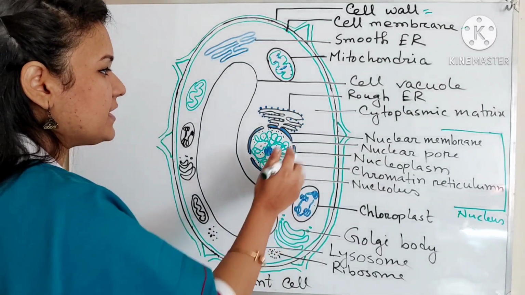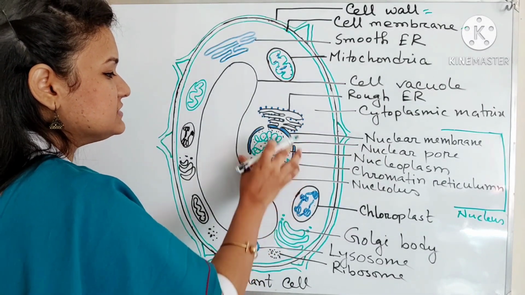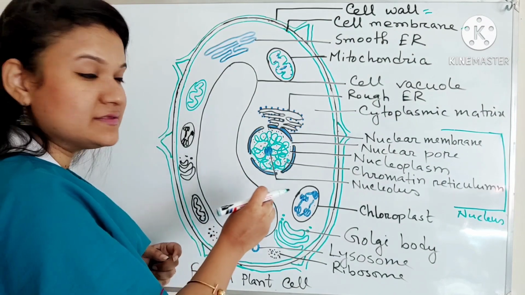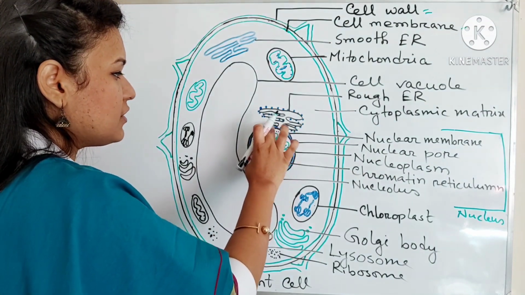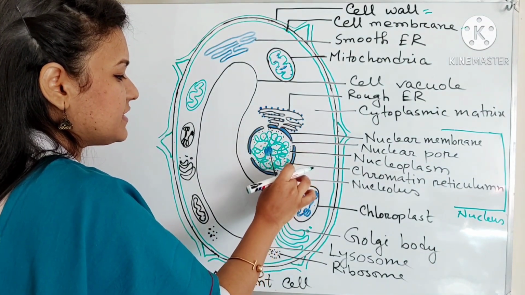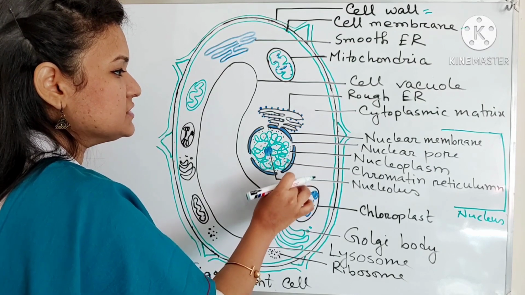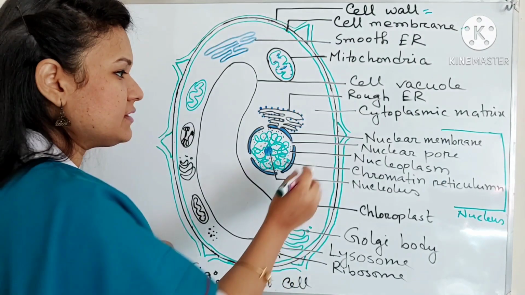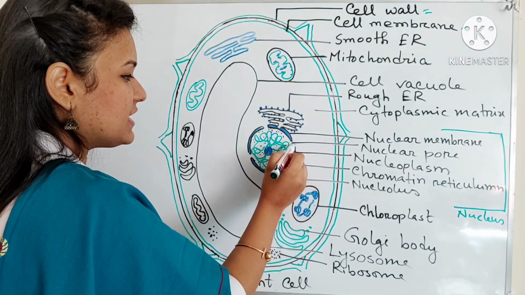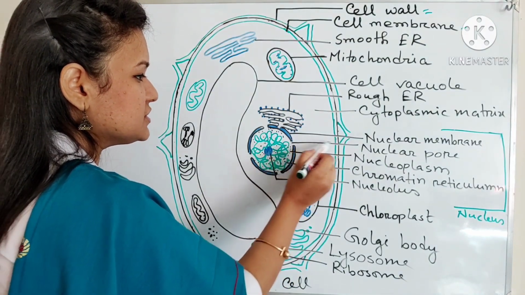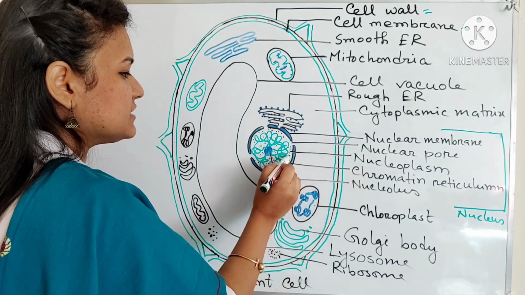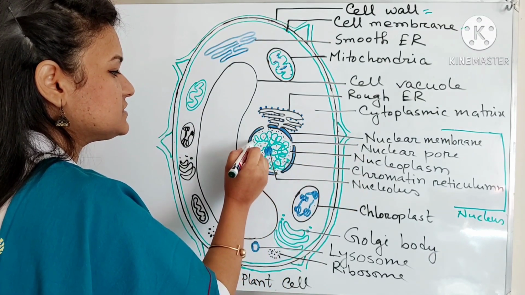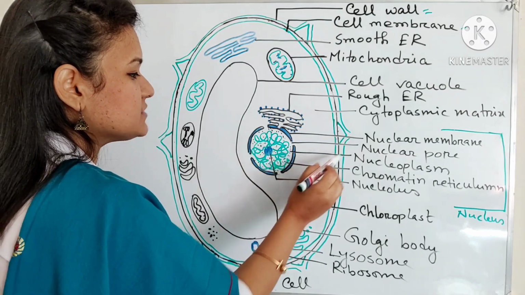And now I will go to this part. This part is very important, and all these parts accumulated together are called the nucleus. This is the nuclear membrane, and this pore-like structure is called nuclear pore, and then the cytoplasm, the jelly-like substance, is called nucleoplasm.